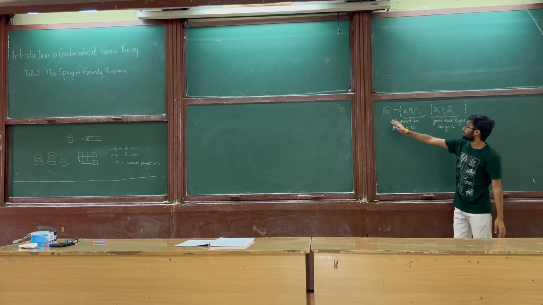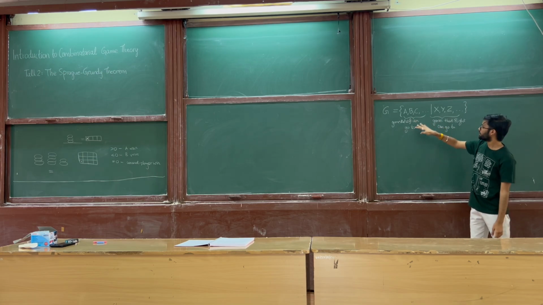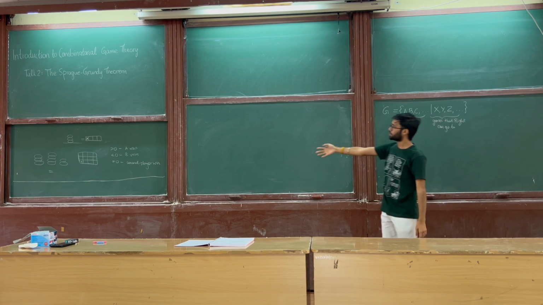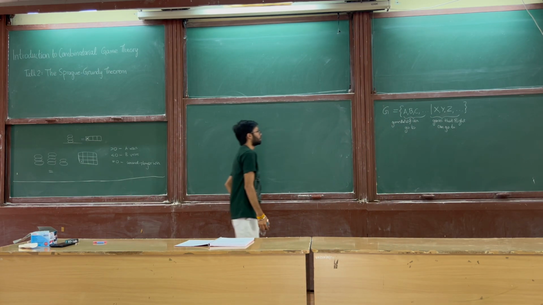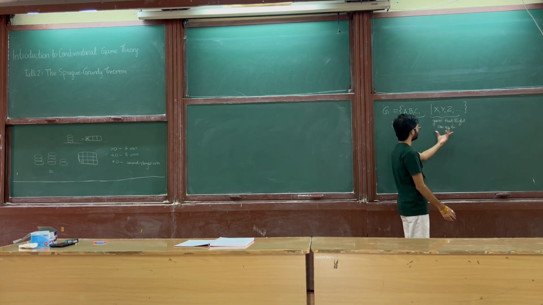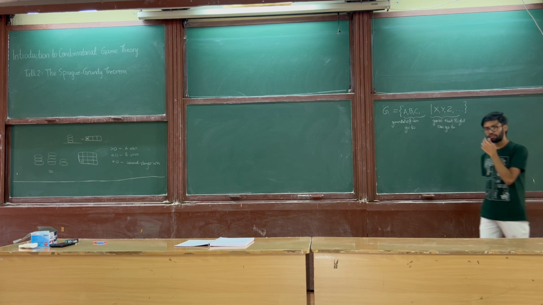So I'll write for a game G these two separated sets. On one side I have the games that left can go to, which means when left plays a move, all the things that left can go to, and over here I have the games that right can go to. We'll see more examples of this notation soon.